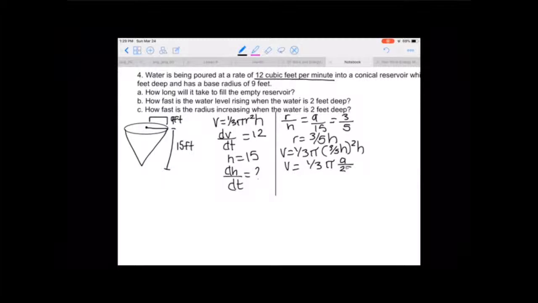And let's simplify it all the way so it makes it easier to find the derivative. And you'll see after a little bit of simplification, our answer is V equals 9 over 75 pi h to the third, and we can take the derivative of that, and it makes 27 pi over 75 h to the second dh over dt.